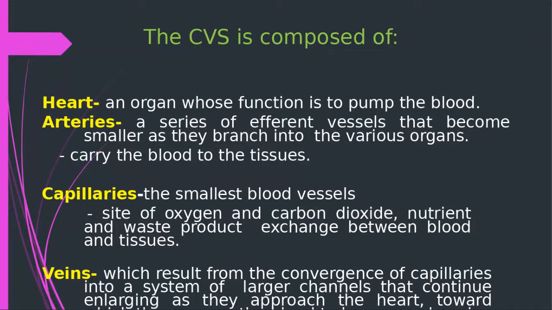The function of the blood is to provide nutrients to the organs as well as to supply oxygen. So they carry oxygenated blood from the heart and supply it to the different organs, and they carry deoxygenated blood back to the heart so that it becomes oxygenated. This is how the whole system runs.